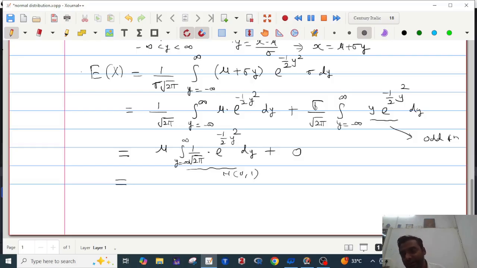As we know that if f(x) is any PDF, then the integration of f(x) dx is always 1. So this is the PDF of standard normal. The answer of this integration is 1, so mu into 1 plus 0, and therefore the mean of normal distribution is mu.